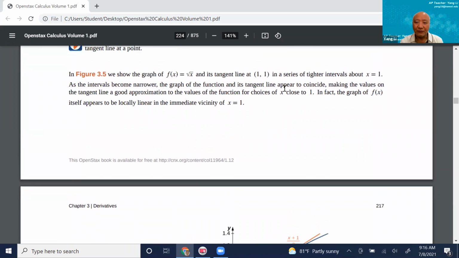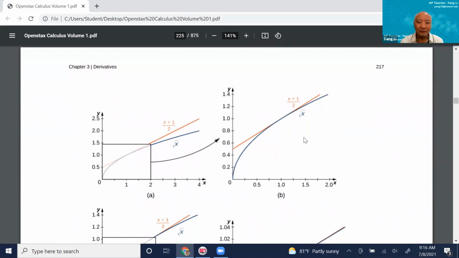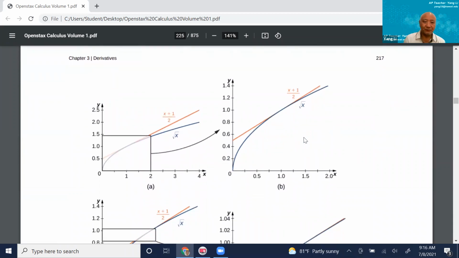At this point, we can see the graph at the beginning, when x equals 1. We look at the interval: 1 unit to the right is 2, and 1 unit to the left is 0.